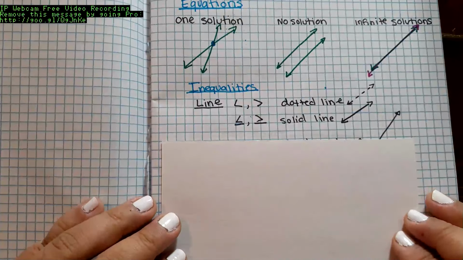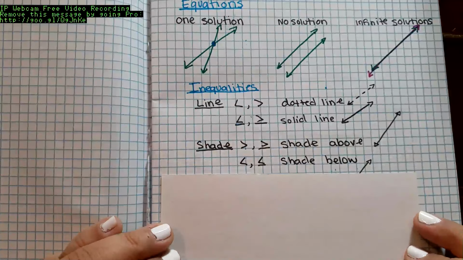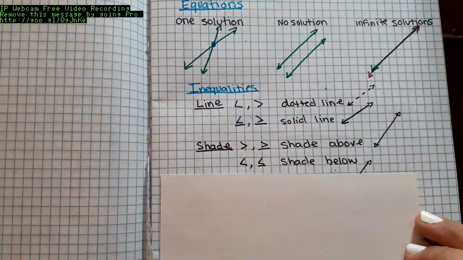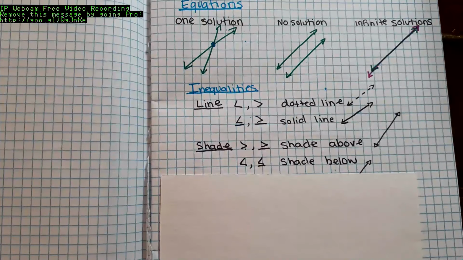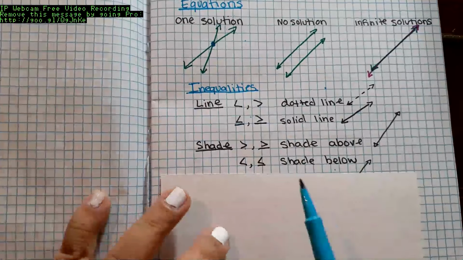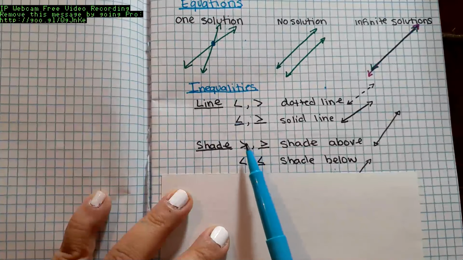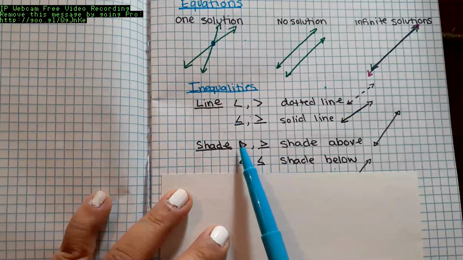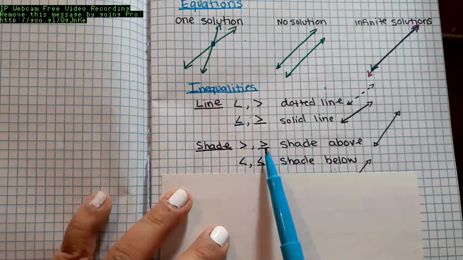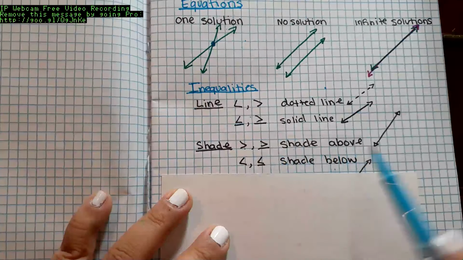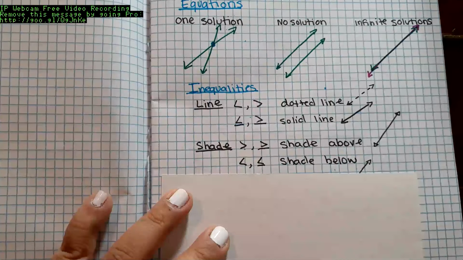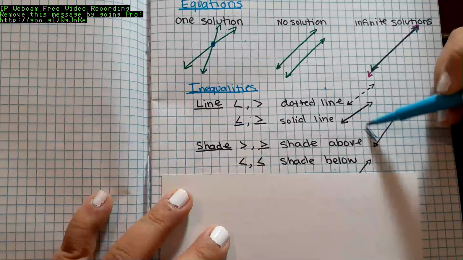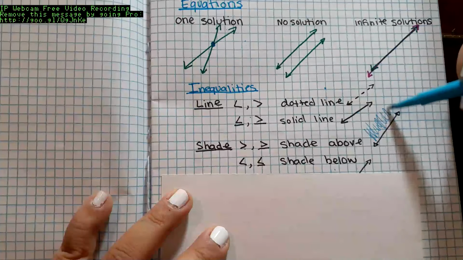Okay, so the next thing we have to look for is the shading. What do I mean by shading? Well, when we're dealing with inequalities that are greater than, and greater than or equal to, we're going to be shading above our line. So when we graph our line, we're going to shade right above it.